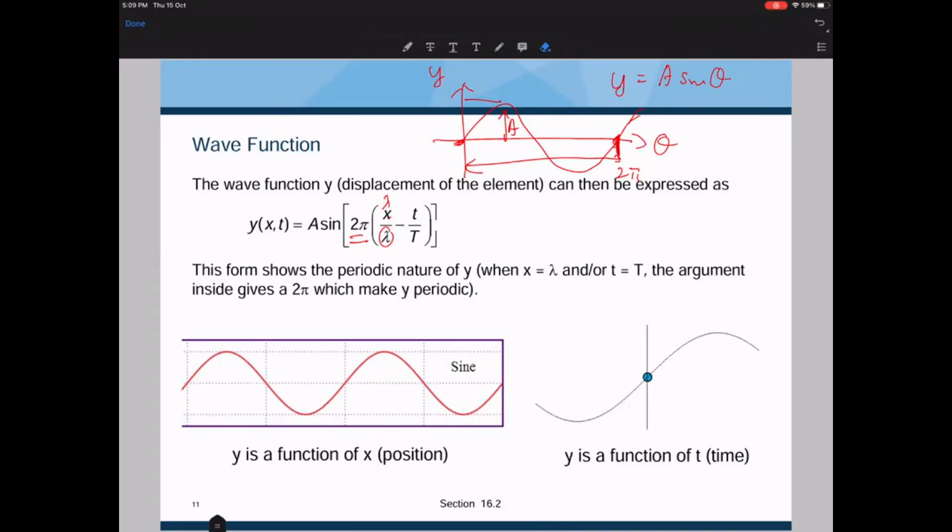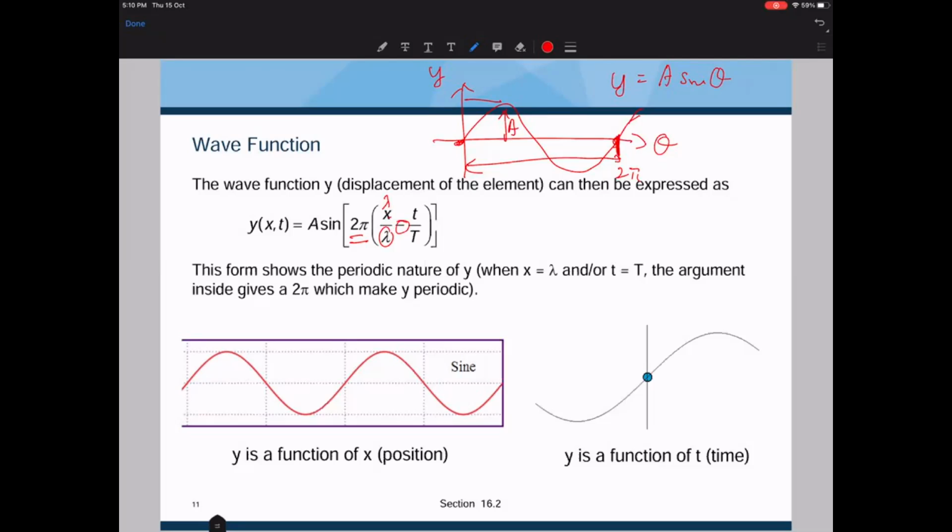The only issue we might have here is why we have the negative sign. In fact, you could have a positive sign. The determination whether it is a positive or negative sign depends on whether your wave travels from the left to the right, that means along the positive x-axis, or travels from the right to the left, that means towards the negative x-axis.